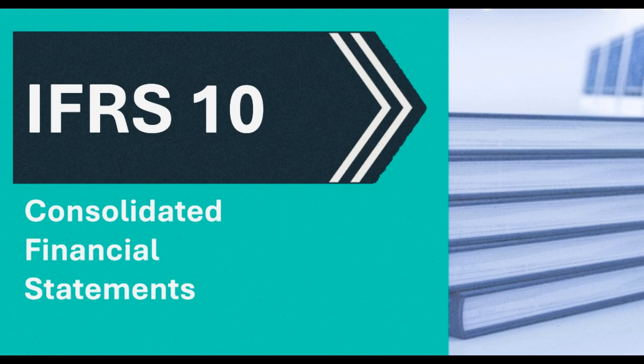So IFRS 10 tells us when consolidation is required, and IFRS 3 tells us how to account for those combinations. They work together to ensure consistent and comprehensive reporting. Exactly. They form a cohesive framework for dealing with group accounting. And we also have those example financial statements to refer to. Oh, yes, those are invaluable. They show how all these principles are applied in real-world scenarios.